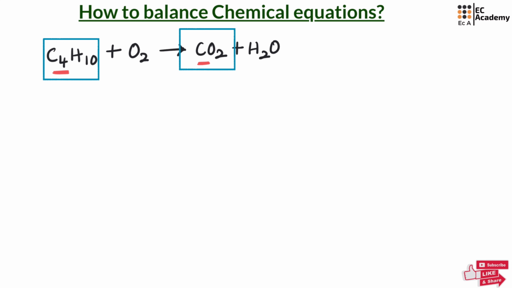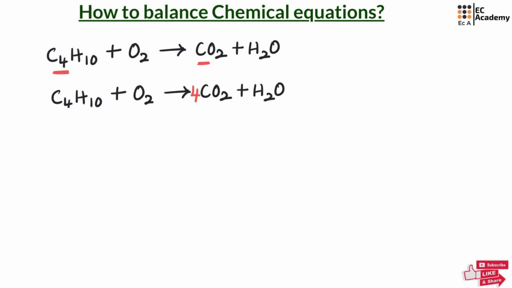On the right side, one CO2 molecule contains only one carbon atom. Therefore, to get 4 carbon atoms on the right side, we place 4 before CO2. The equation will become C4H10 plus O2, that will produce 4CO2 plus H2O.